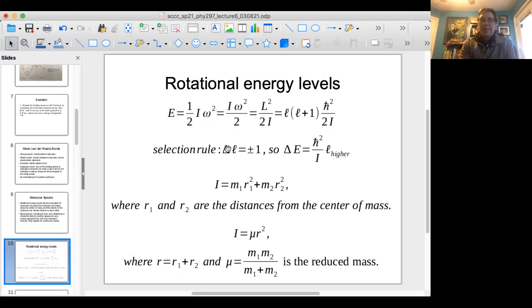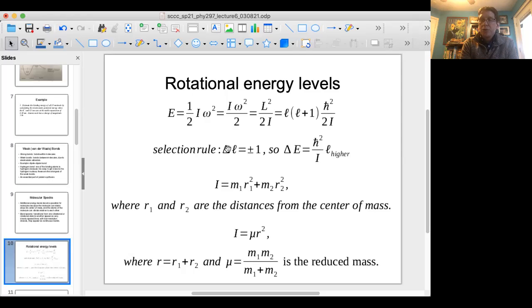And so when you're emitting a photon, the photon will have an energy of h bar squared over I times the higher value of L. And the moment of inertia can be written as m1 r1 squared plus m2 r2 squared, but you can also write that in terms of the reduced mass.